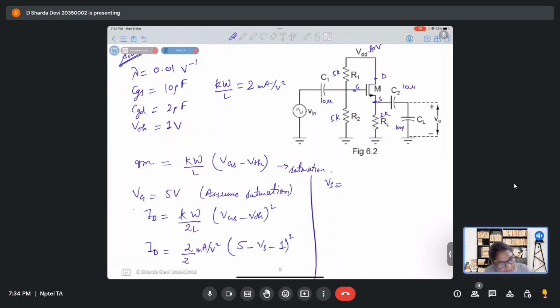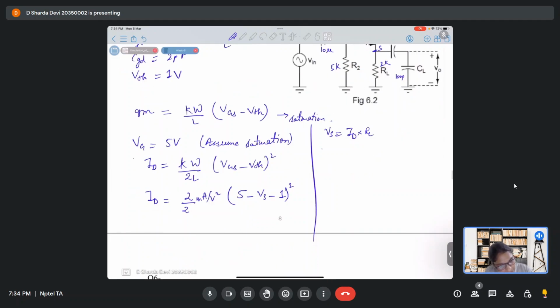So VS is actually ID into RL, which makes our expression of ID as 1 milliamps per volt square into 4 minus ID RL whole square. So here we will have a quadratic equation, right?